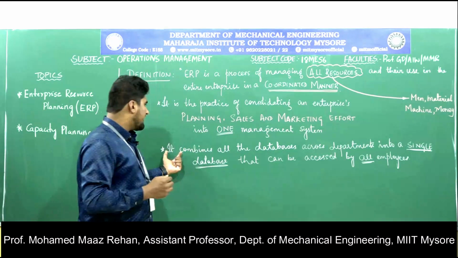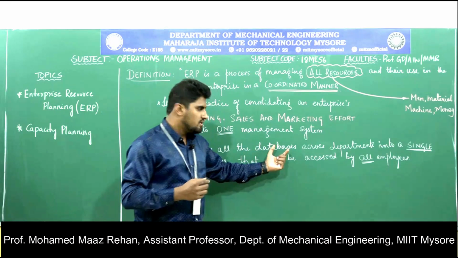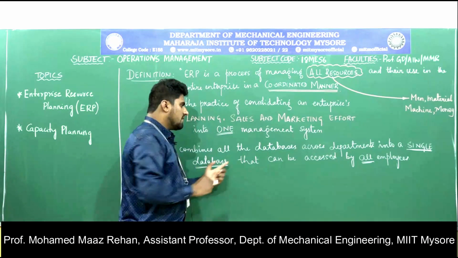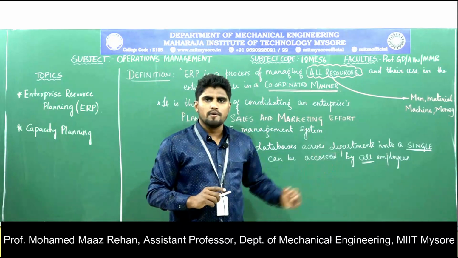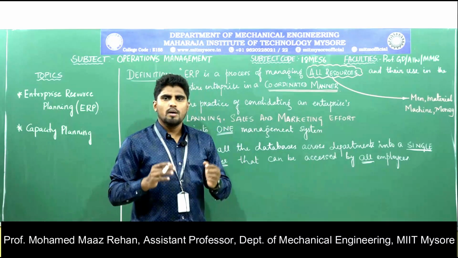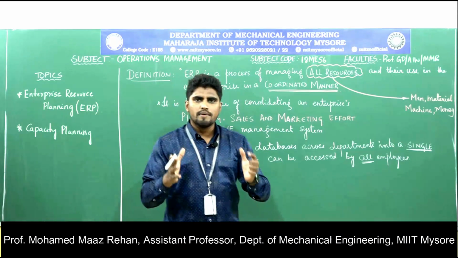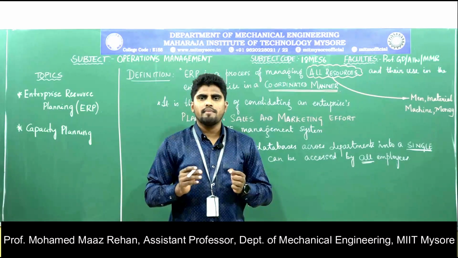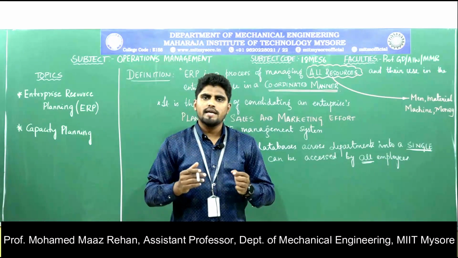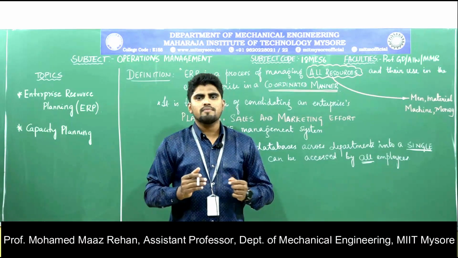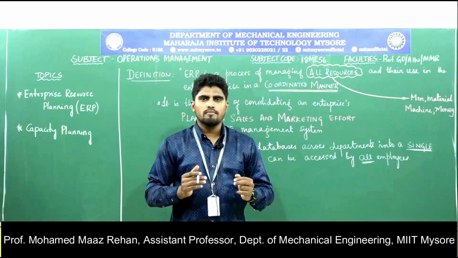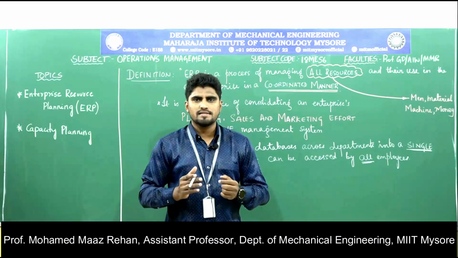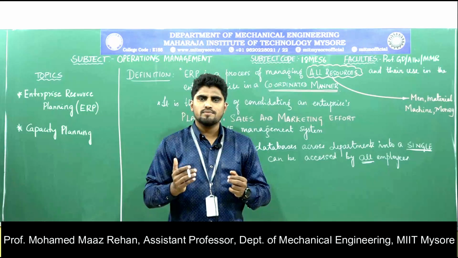It combines all the databases across the departments into a single database that can be accessed by all employees. So we have one such database, and it can be accessed by all the employees in an organization, right from the top level to the bottom level. So this ERP is a centralized system. It is not a decentralized one.